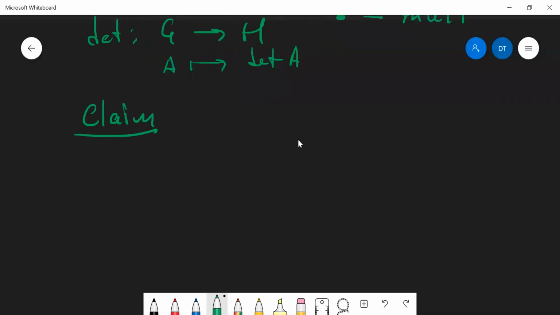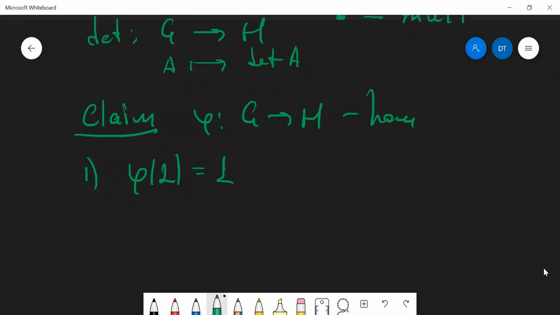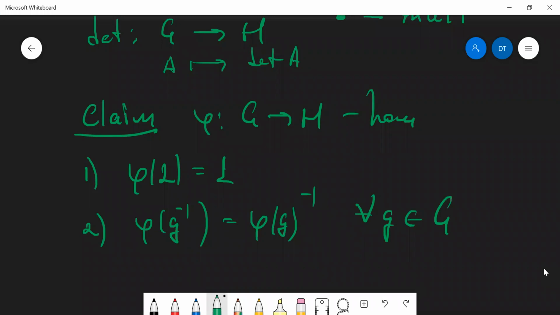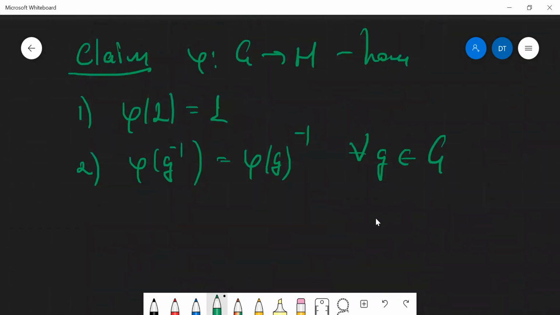So if phi is a homomorphism of groups, then first, it takes the identity element of the group G to the identity element of the group H. And second, it takes inverse element of G to the inverse element of phi of G for any G from G capital. These are two properties of any homomorphism.